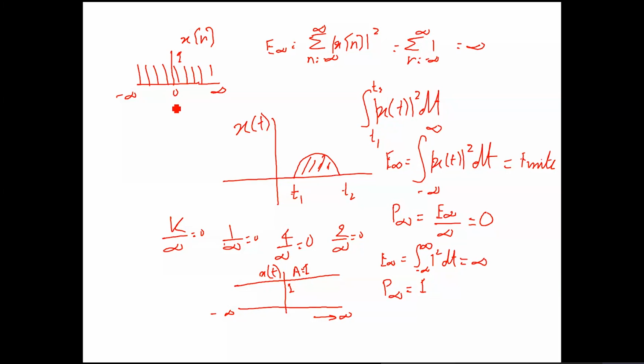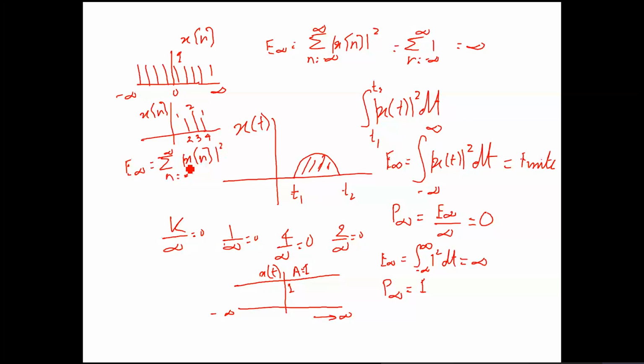In the other case, if we have just values 1, 2, and 1, this was your x of n, and this starts from, let's say, n equal to 2, 3, and 4. Rest all are 0. Here, if you want to find out E infinity, it will be the summation n equal to minus infinity to infinity of x of n square.